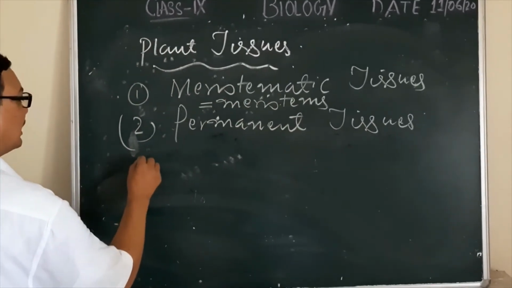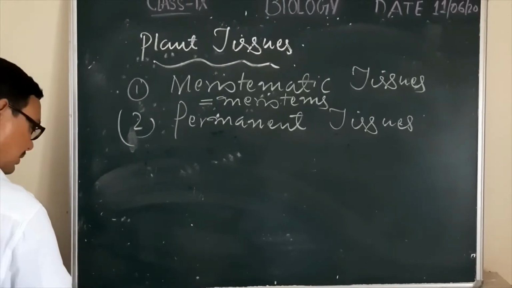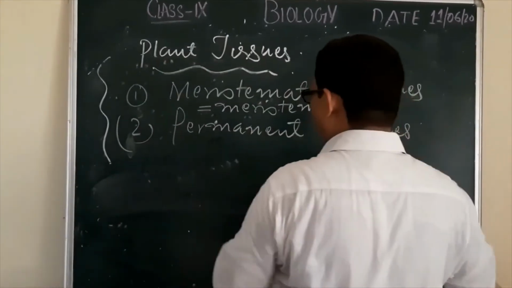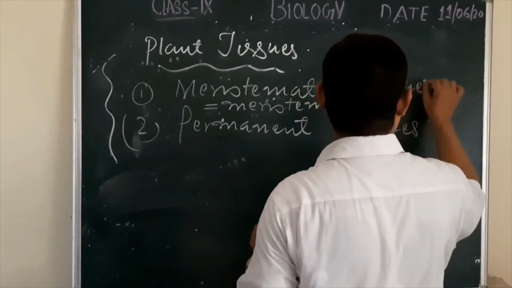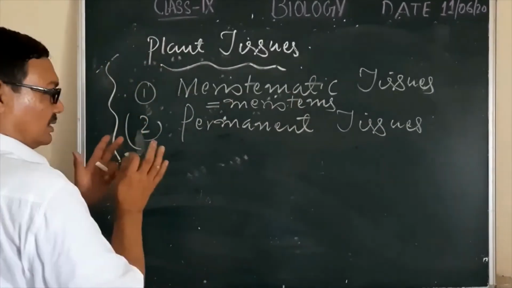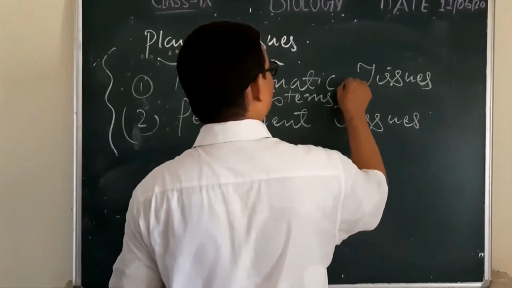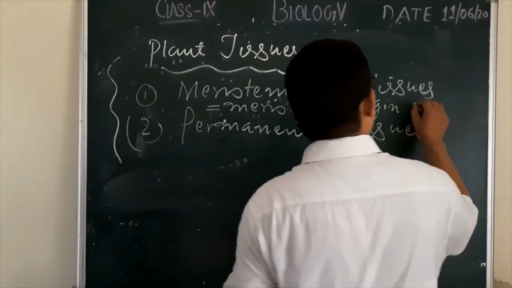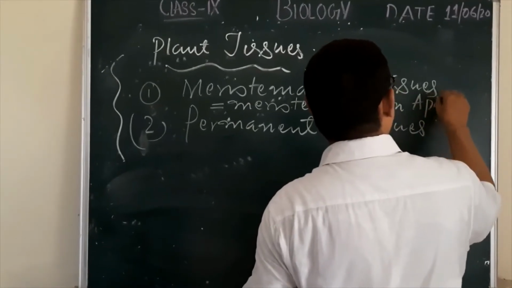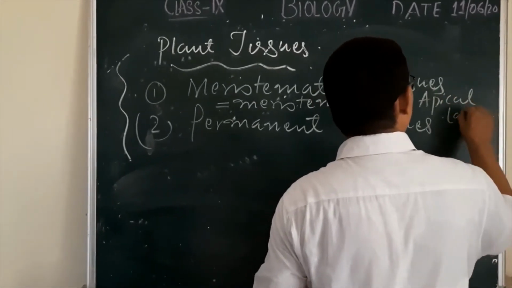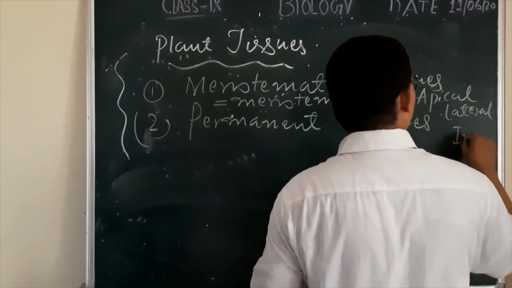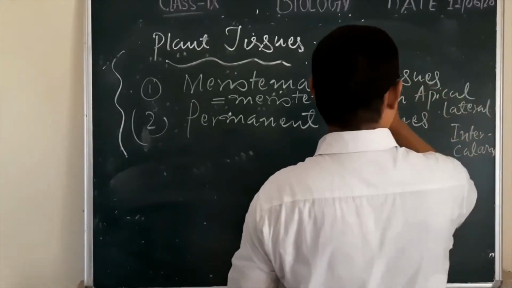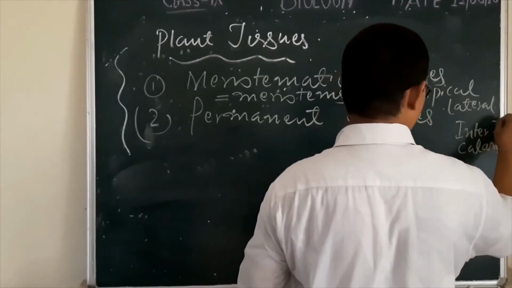So here we have seen the content of the syllabus in the plant, and I have told you that meristematic will be divided depending on the origin, like apical, lateral, and intercalary. This will be discussed later on, understand?